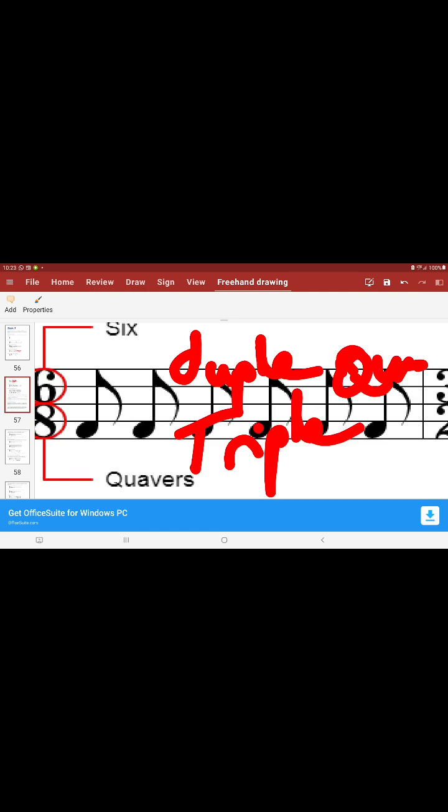So note what we've said: 2/4, simple double. 3/4, simple triple. 4/4, simple quadruple. So that is it about time signature.